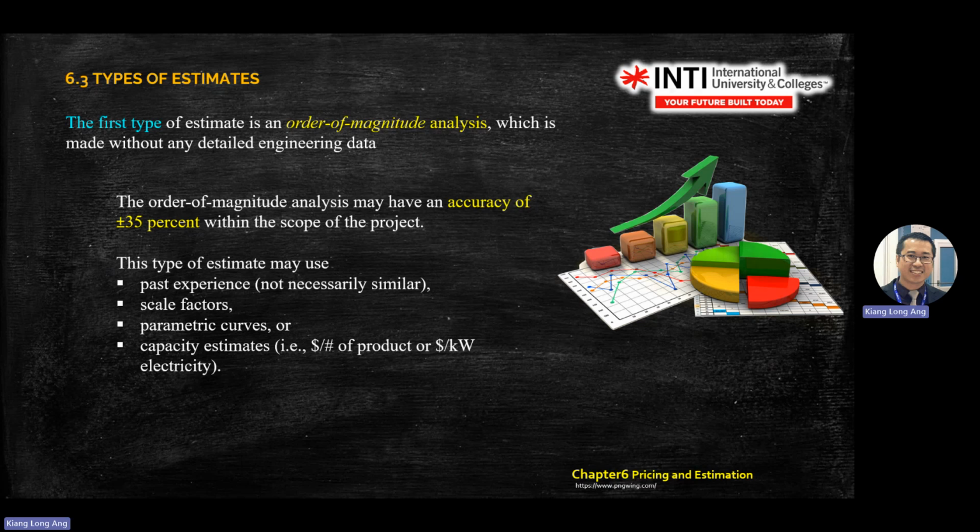This one is to have a very quick estimate, right? For example, the electric bill for the next month for the manufacturing floor, you can use very rough data to predict.